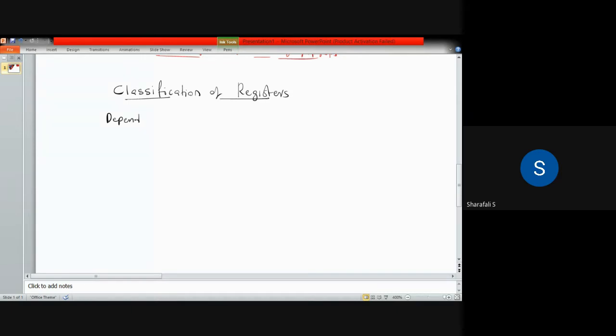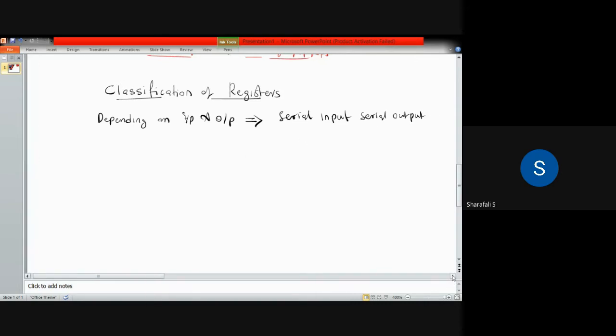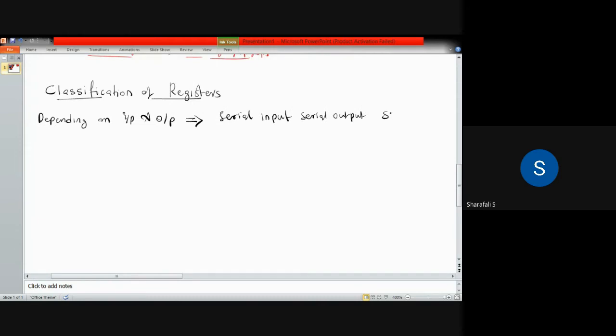Using this method, we can classify them as serial input, serial output, and this one is called serial input, serial output.